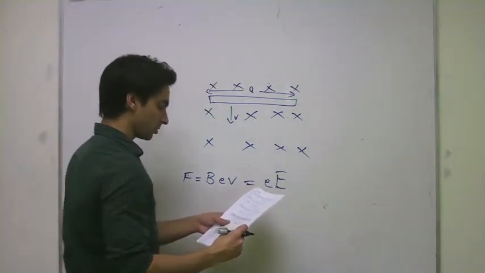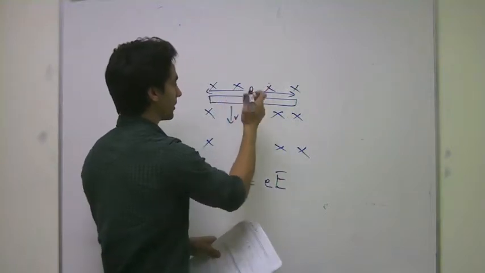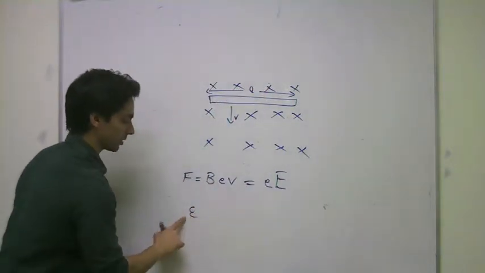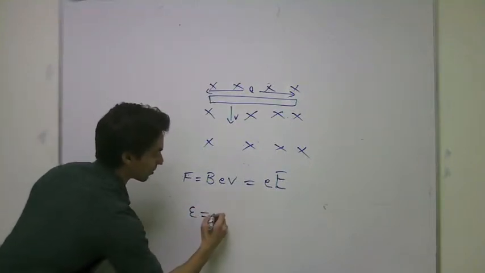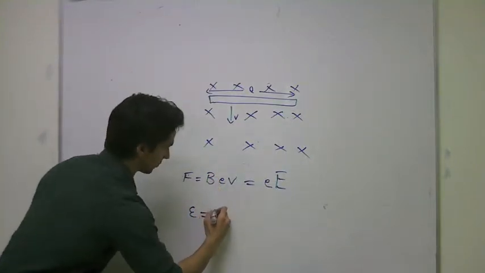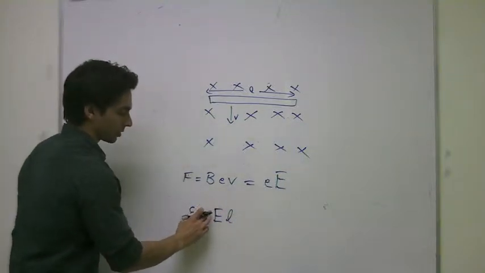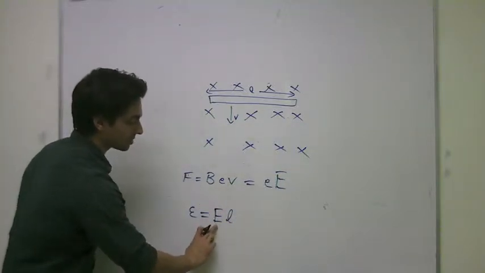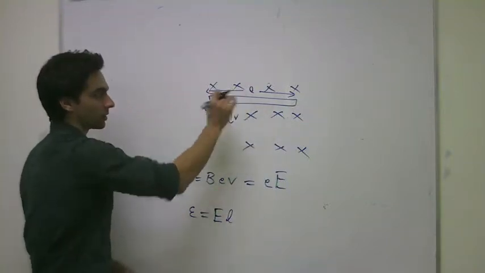Now if there is a potential difference developed across the ends here, let's call the potential difference E, because we are talking about EMF. This will be given by the electric field multiplied by the length of the conductor. Why? Because this is the relationship between the electric field strength and the potential difference across the length of an electric field.